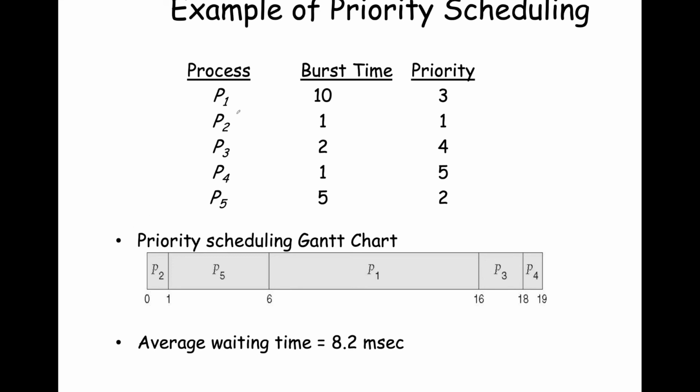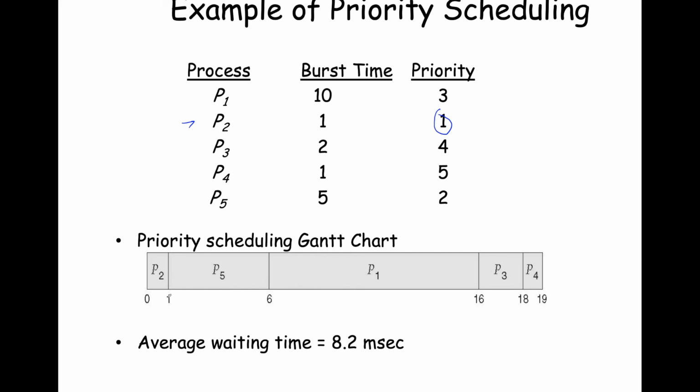By priority scheduling, the lowest priority number, or highest priority, is going to be 1, in order of 1, 2, 3, 4, 5. Therefore process P2 is going to execute first. It runs for its 1 millisecond burst time.